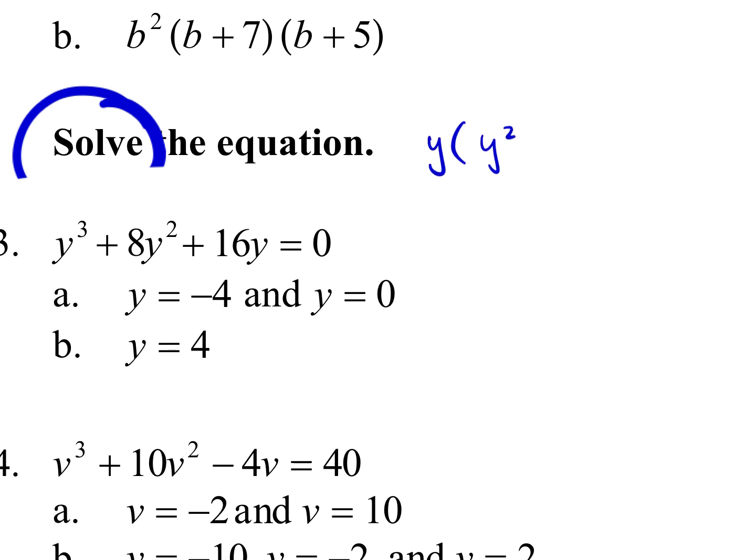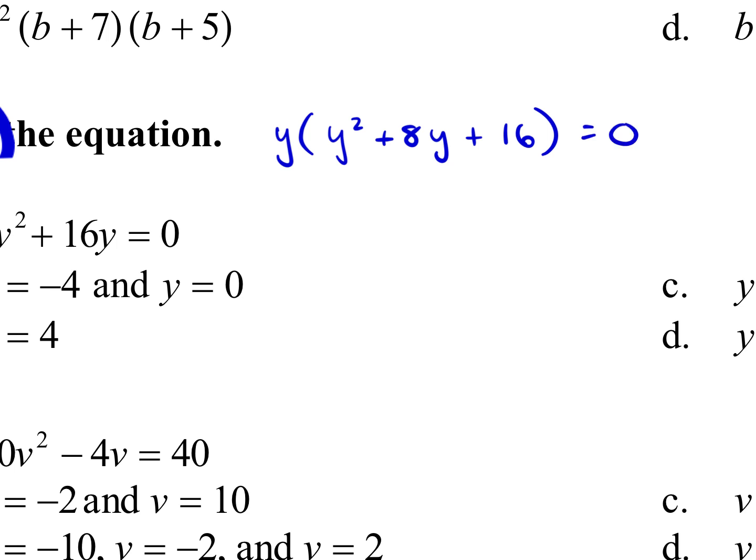We're left with y squared plus 8y plus 16 equals 0. Now, what are two factors of 16 that add to 8? 4 and 4. So we have y plus 4 and y plus 4 and the y on the outside.